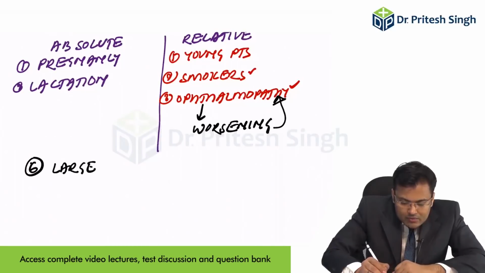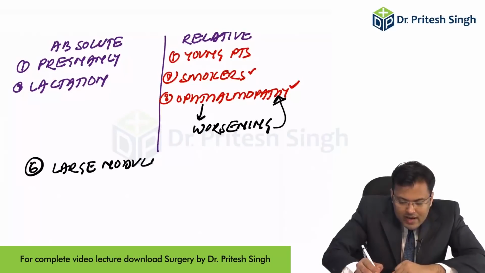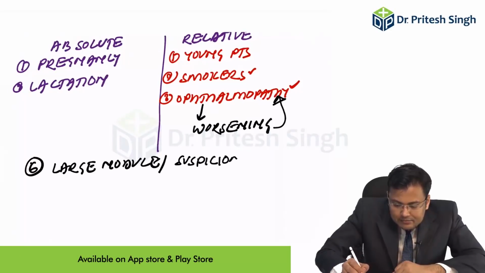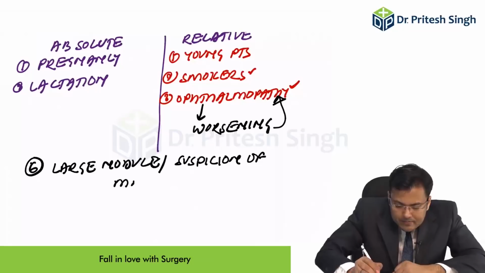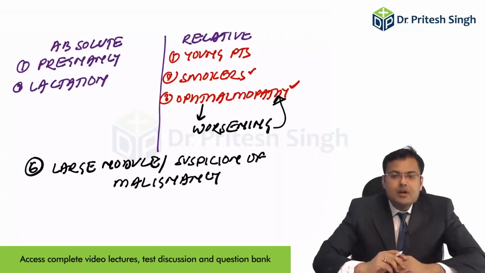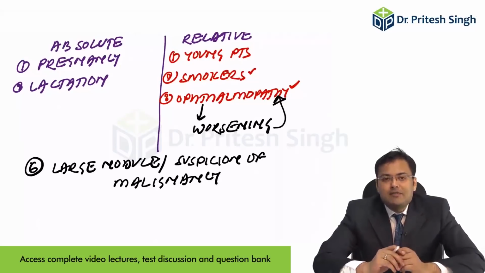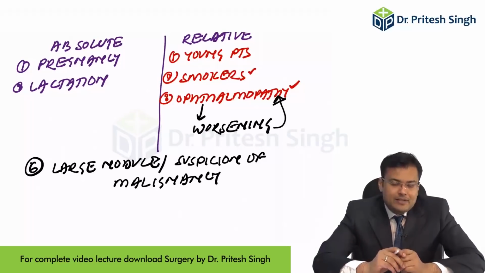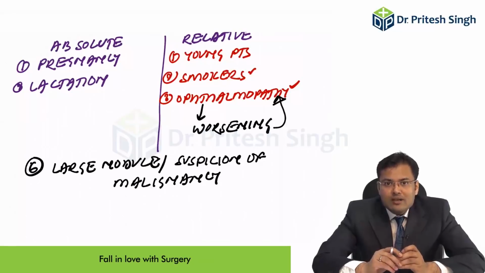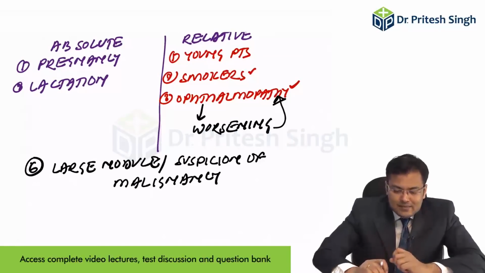Large nodule or suspicion of malignancy. So I'm repeating, what are the indications of surgery in Graves? Pregnancy, lactation, young patients, smokers, ophthalmopathy, and large nodule or suspicion of malignancy.